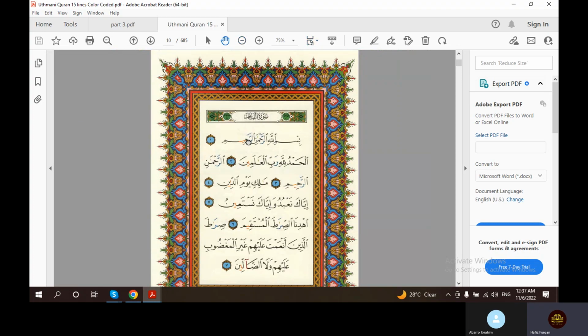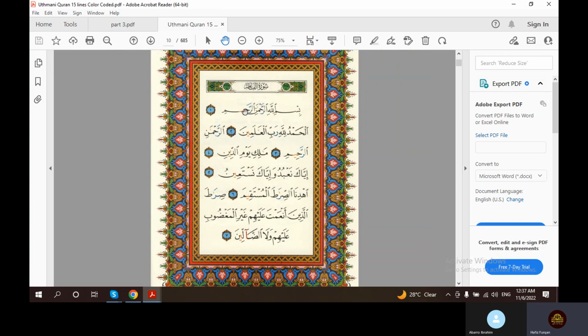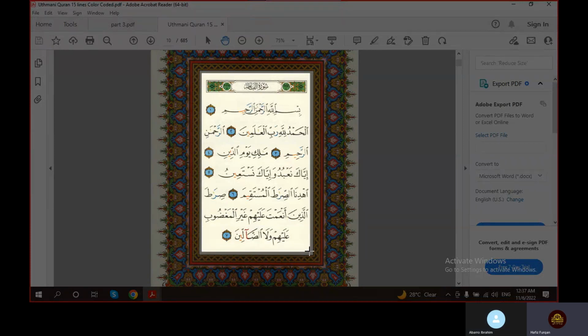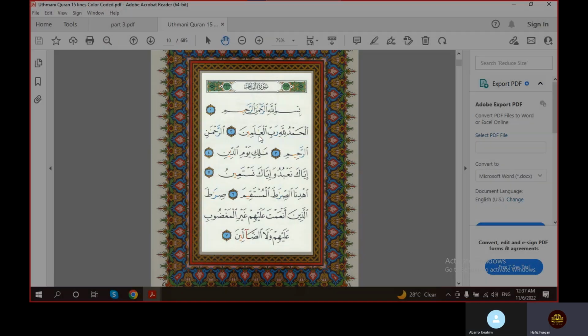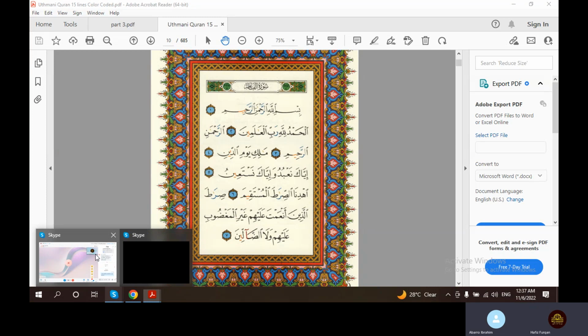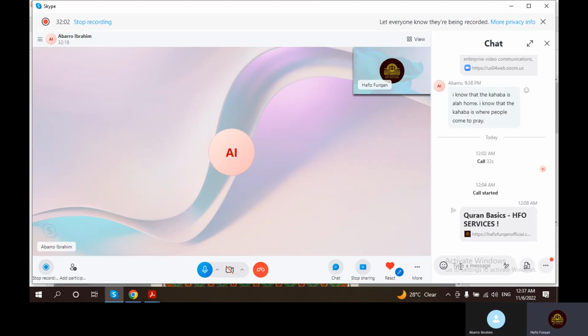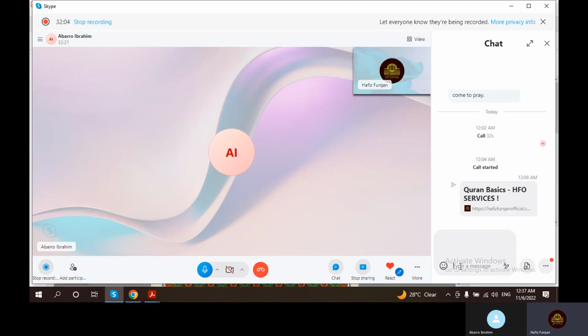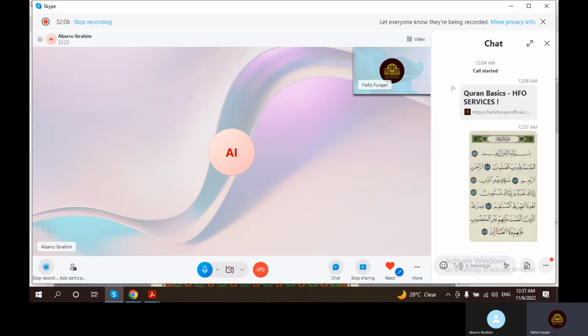I'm going to send you this page. Not for reading; if you want to read, you can spell it, it's up to you, but it's not homework from my side. I'm sending you this page to underline the Hamzatul Wasl and Lam at-Tarif.